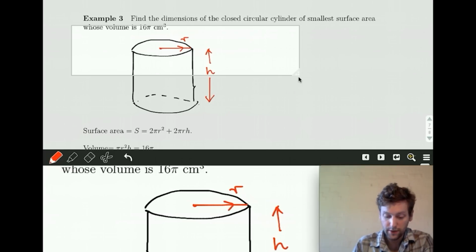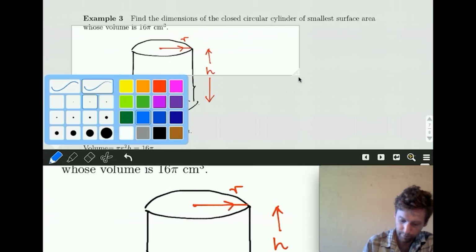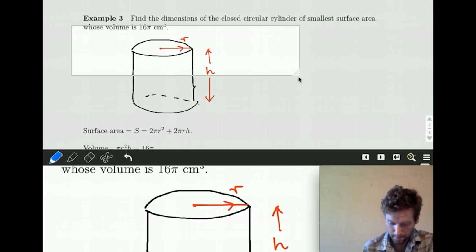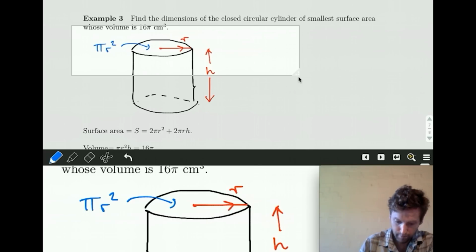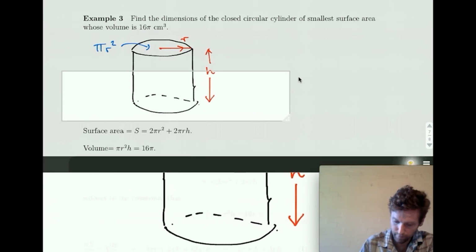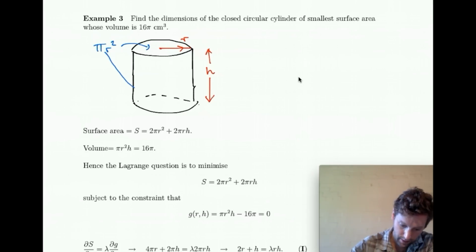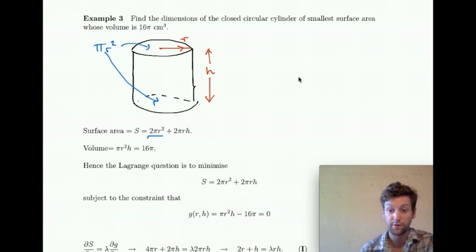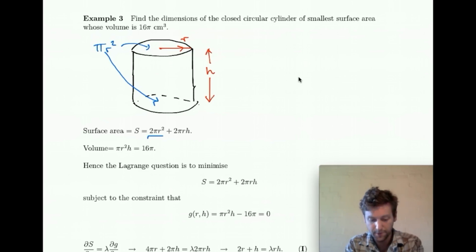Well, the caps at the top and the bottom are going to have an area of just pi r squared. And there's one at the bottom as well. So I get 2 pi r squared as the contribution from the caps on this cylinder.